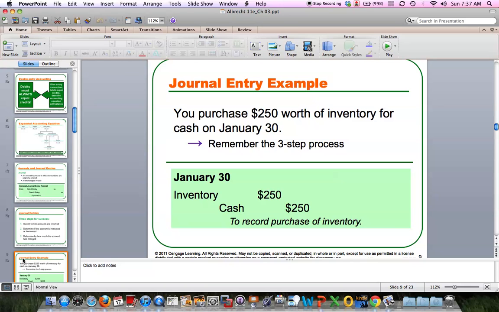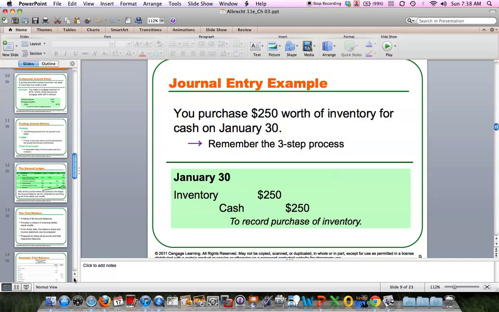So cash is an asset also. One asset goes up, which is inventory, but another asset goes down, which is cash. Three-step process: date, debit the inventory account because it's going up, credit the cash account because that is going down. Also notice the brief explanation, to purchase inventory.